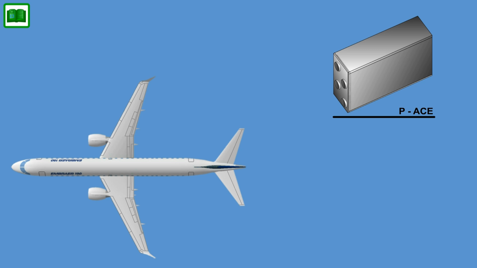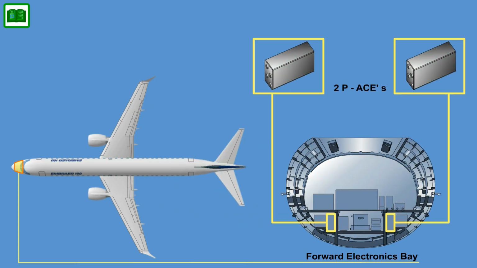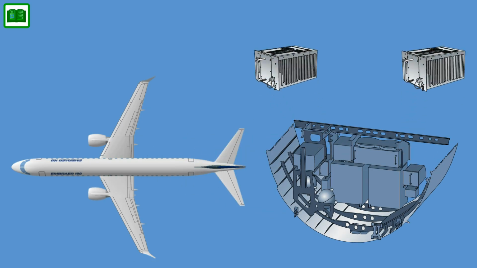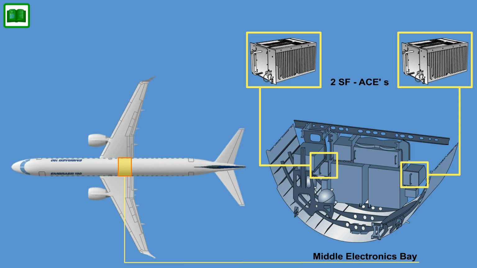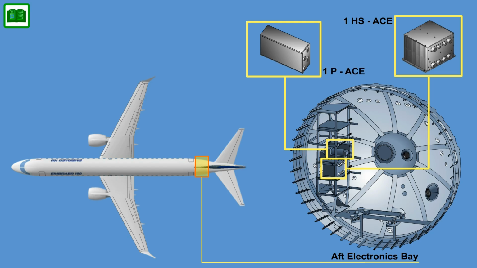The Actuator Control Electronics (ACE) module is the primary component in the flight control system. A total of 6 ACE units are installed. 2 primary ACEs in the forward electronics bay. 2 slat flap ACEs, SF-ACE, in the middle electronics bay. 1 primary ACE and 1 horizontal stabilizer ACE, HS-ACE, in the aft electronics bay.